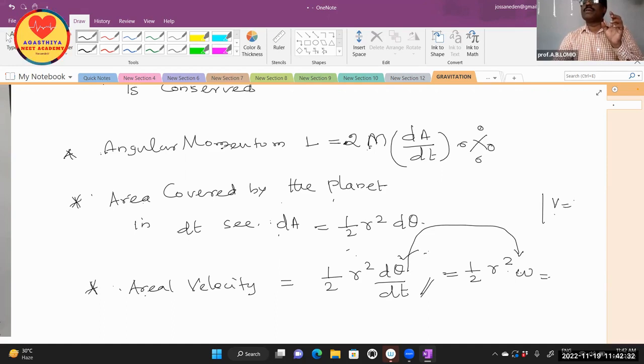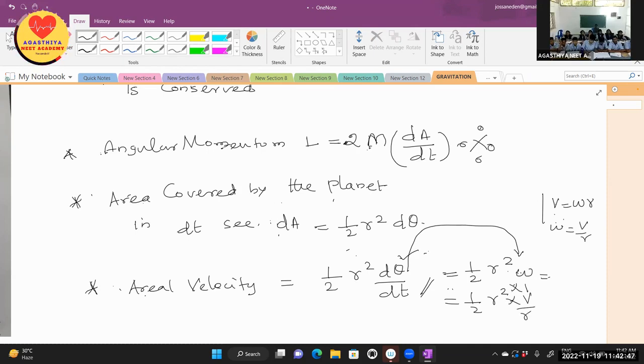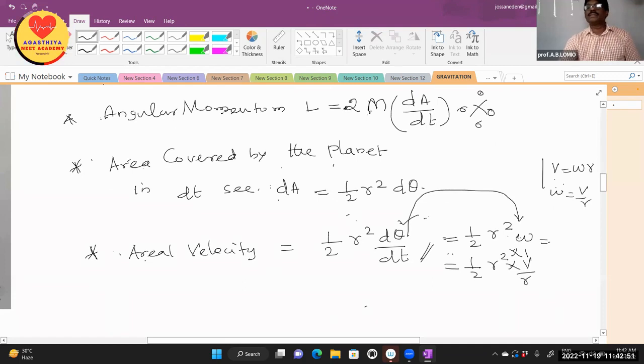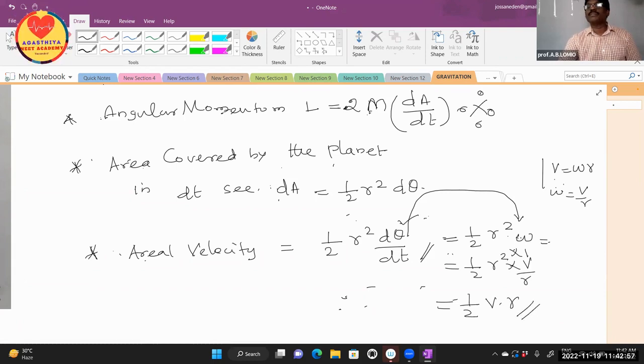Linear velocity is equal to r into angular velocity. Now substitute over here, half r squared omega. What is omega here? V by r. Substitute over here. The r gets cancelled. Finally, it becomes half V r.